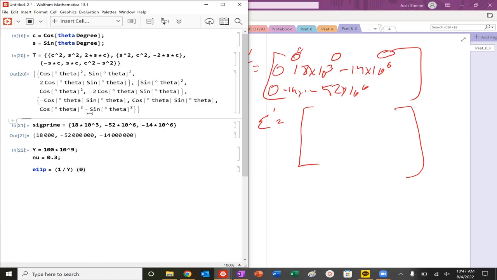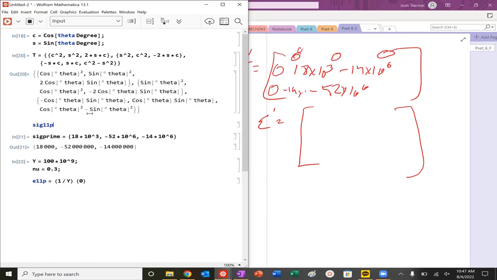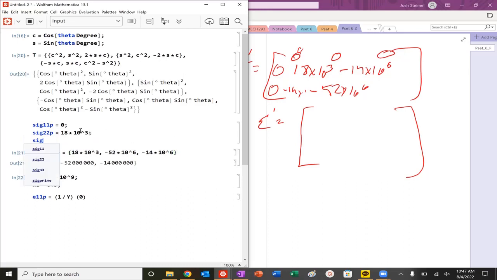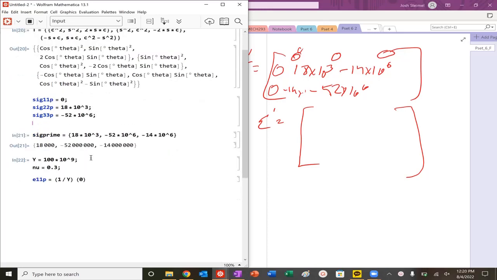Let's get a little bit more formulaic here. So I'm going to say my sig11p is equal to 0. My sig22p is equal to this. My sig33p is equal to this. And we just need sig 23p is equal to minus 14 times 10 to the 6th.